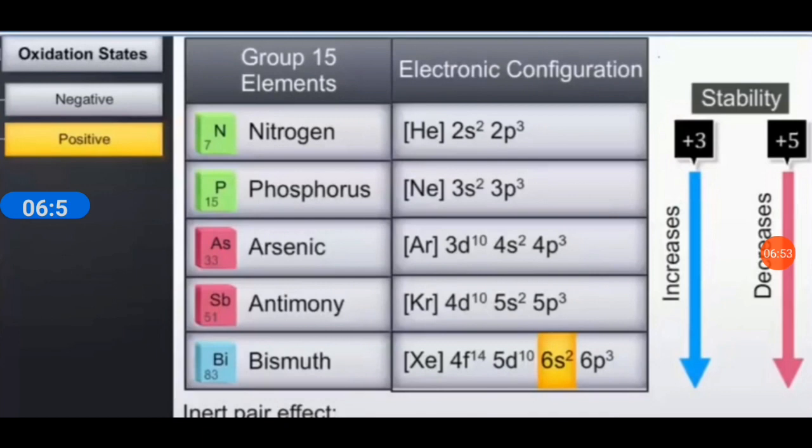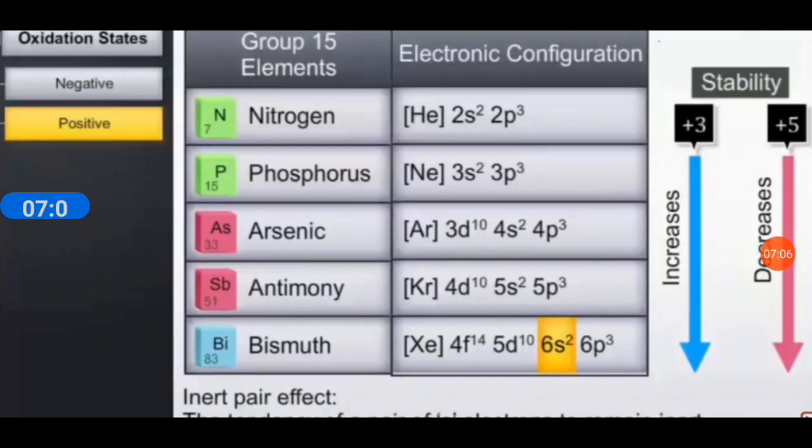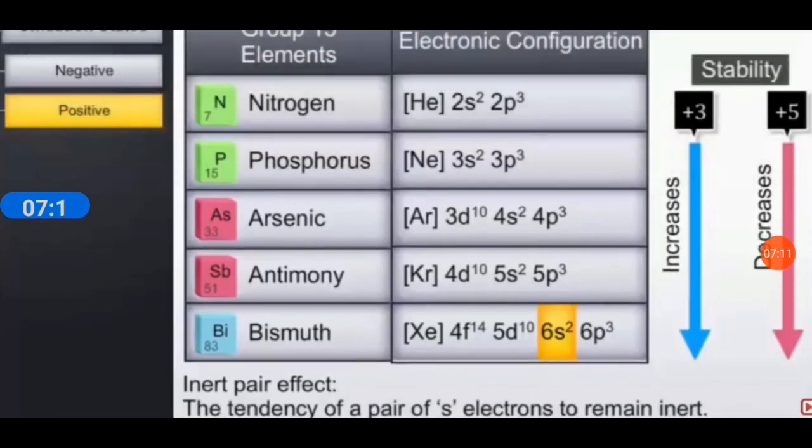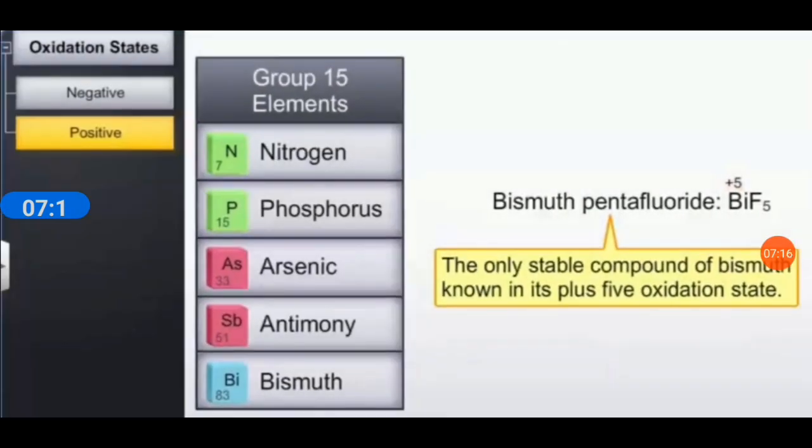The stability of +3 oxidation state increases down the group, whereas the stability of +5 oxidation state decreases down the group. It is because of inert pair effect, that is the tendency of a pair of s electrons to remain inert. Bismuth forms only one stable compound in +5 oxidation state, that is bismuth pentafluoride.